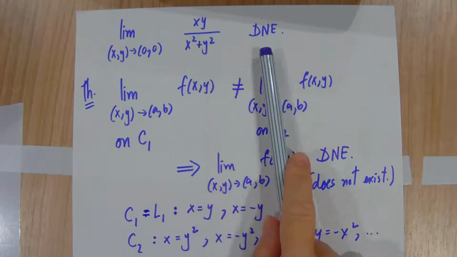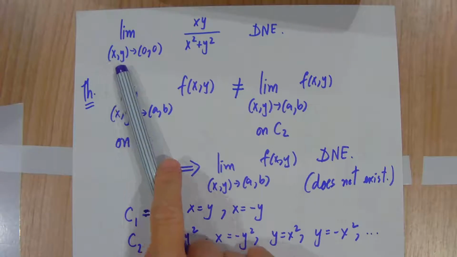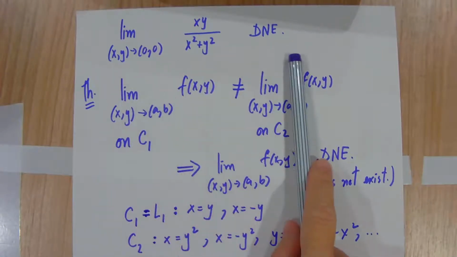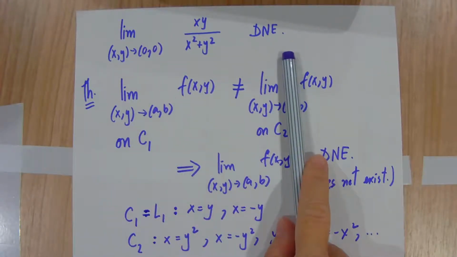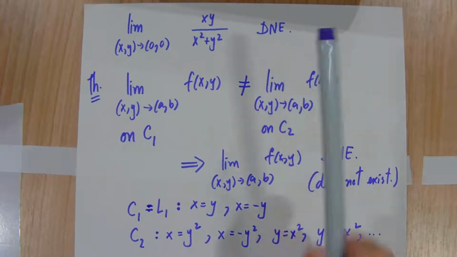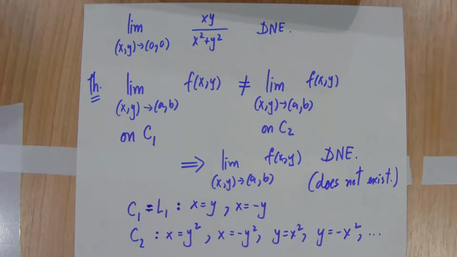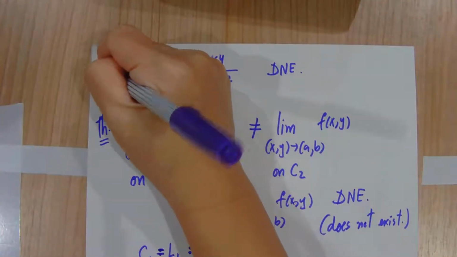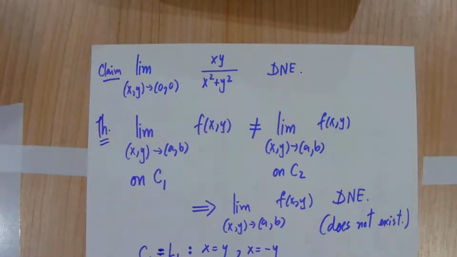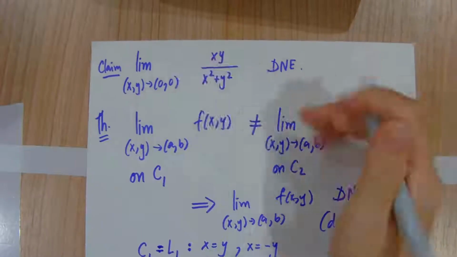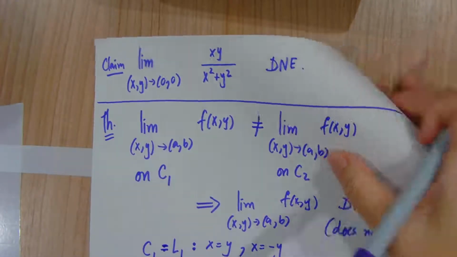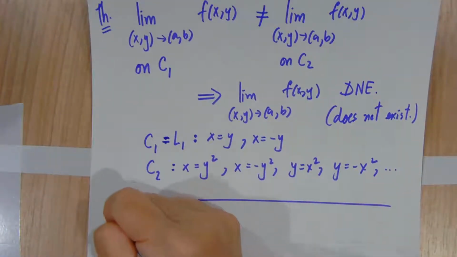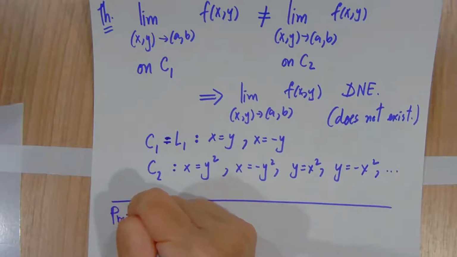Most of the time, when the highest degree of the top equals the highest degree of the bottom, the answer for the limit as the point (x, y) approaches 0 is that it does not exist, but not for every case, okay? So we claim that it also does not exist. So let's see how to prove it. We claim this and use these theorems. Let's see.